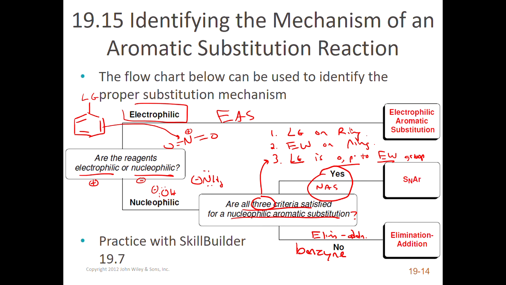If you have a leaving group and electron withdrawing group, but they're not ortho-para, then you would expect it to go through the benzyne intermediate. Or if you're missing the electron withdrawing group, the benzyne intermediate. So you've got to have a leaving group and a nucleophile to even get through this part of the flowchart. But once you're here, then the question becomes, is the leaving group ortho or para with respect to an electron withdrawing group?